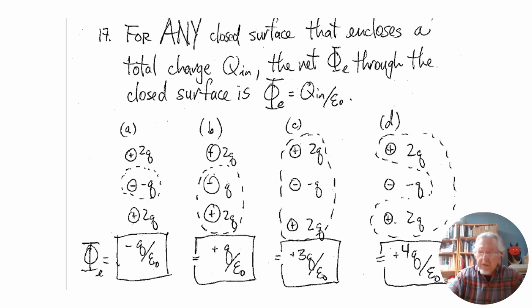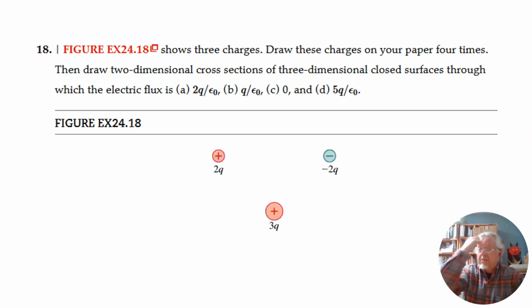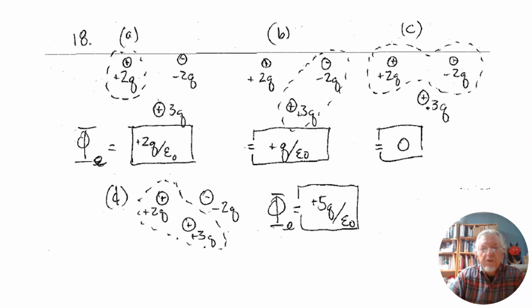And so I would have done this one, and then if we'd been in class, your job would be to repeat this: draw these 3 charges on your paper 4 times, then draw two-dimensional cross sections of three-dimensional closed surfaces through which the flux is given by various conditions. If you have some closed surface around the first one, then it's plus 2Q.